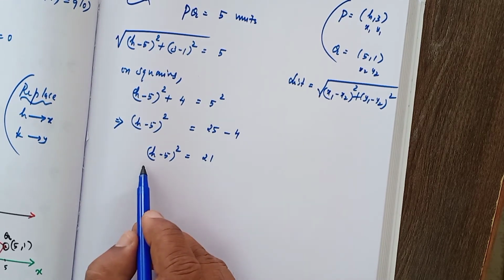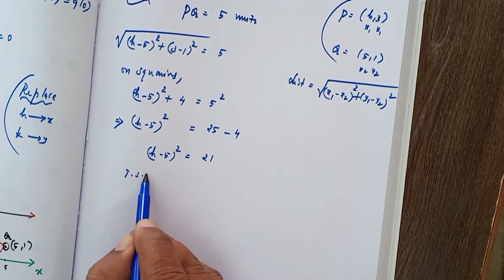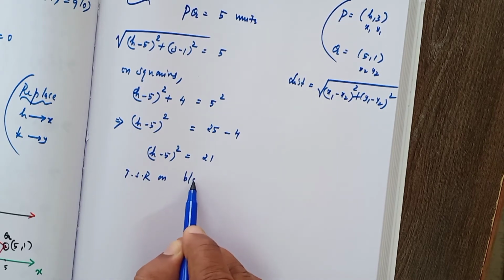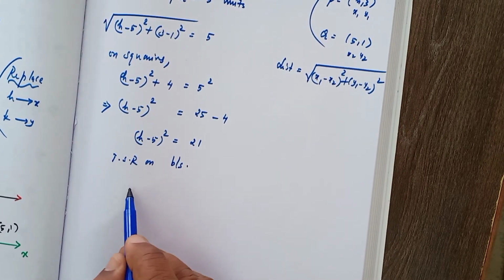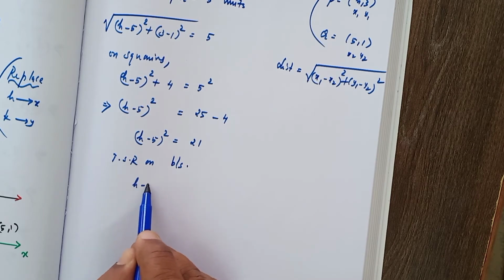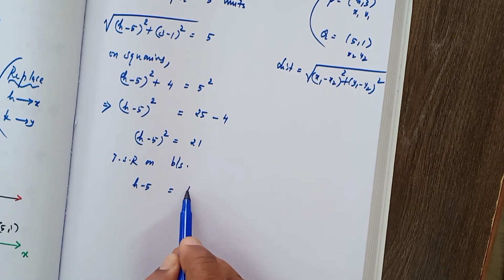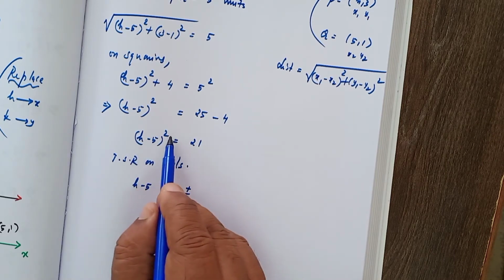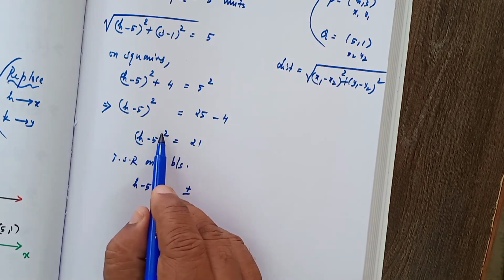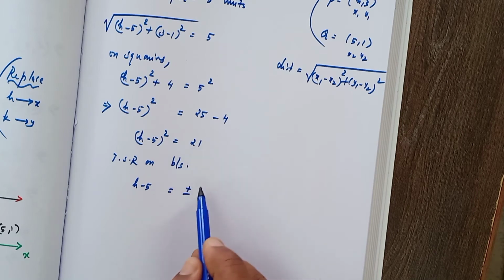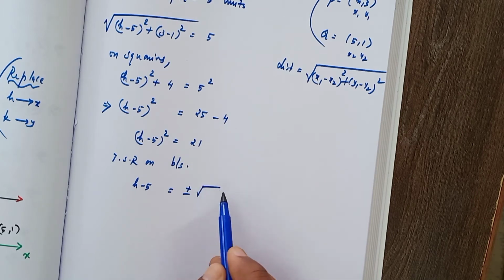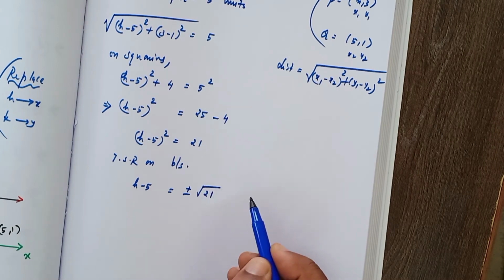For finding the values of h, taking square root on both sides. While taking square root, that square will be eliminated, leaving only h minus 5. Definitely we have to introduce plus or minus because it's a quadratic equation. We have power 2, and the square root of 21, you can write 21 as it is.